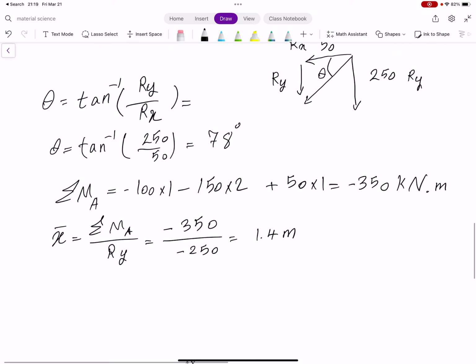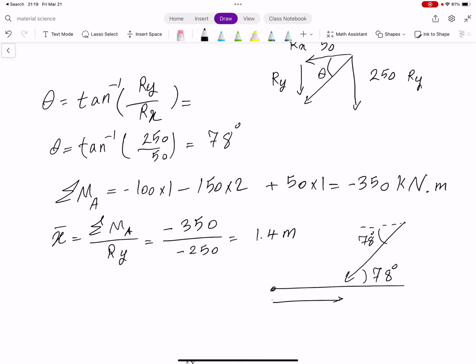That means the resultant R has an angle of 78 degrees, and it will have a distance with respect to point A of 1.4 because it's positive. It's going to go through this point, 1.4 meters away from point A.